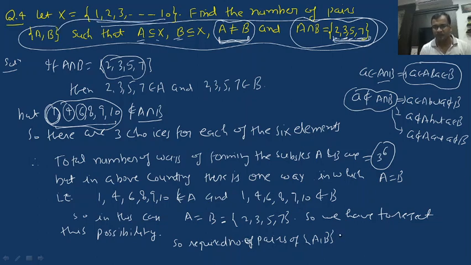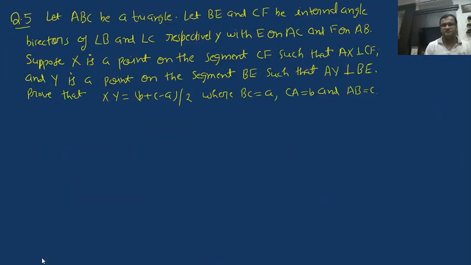So the number of ways is actually what? 3 to the power 6 minus 1, and that comes out to be 729 minus 1, that is 728. Okay, now move to the next problem.